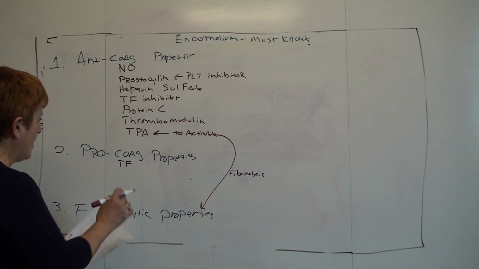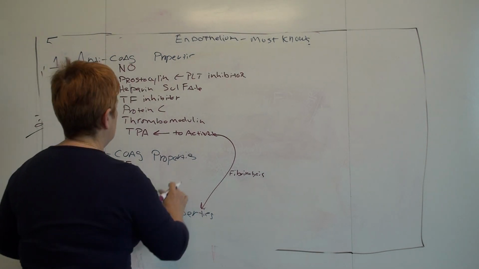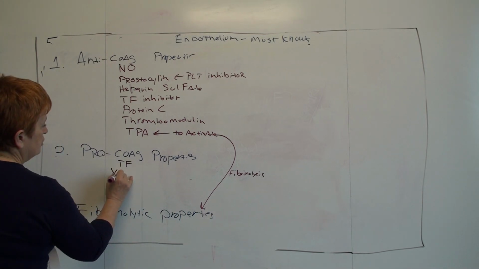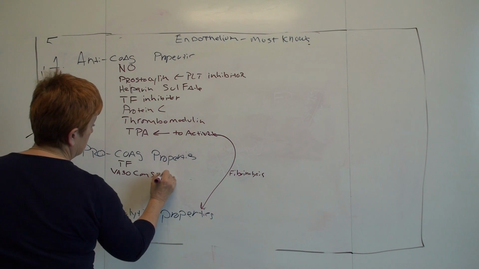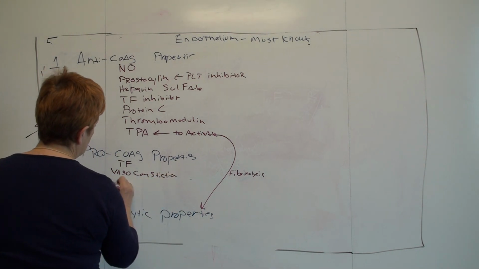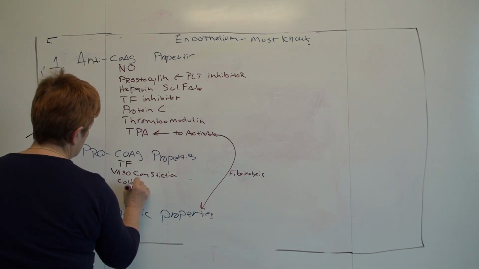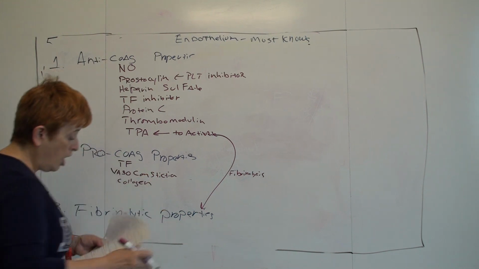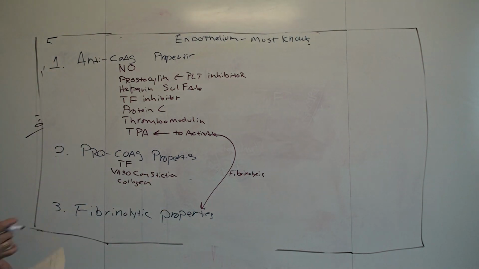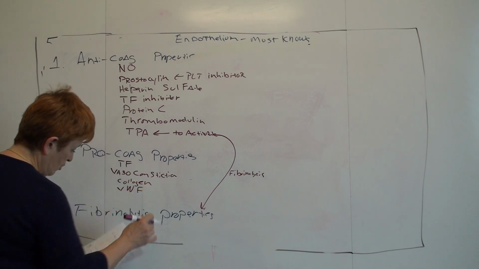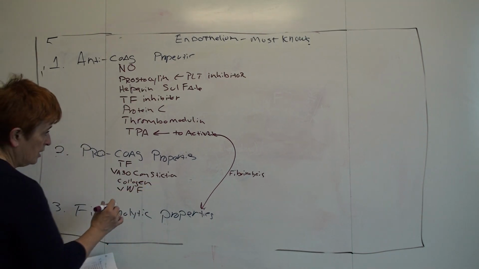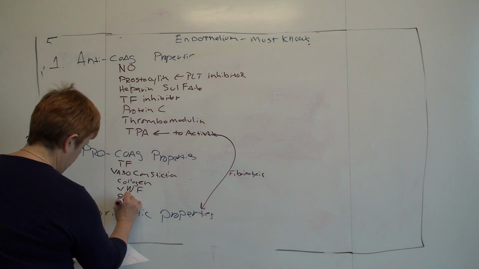All right, the procoagulant properties of endothelium, of course, are going to be your vasoconstriction, right? Tissue factor, your collagen, right? Oh, your von Willebrand's. Oh my goodness, how could I forget that? Your von Willebrand's factor. I'm going to run out of room here.